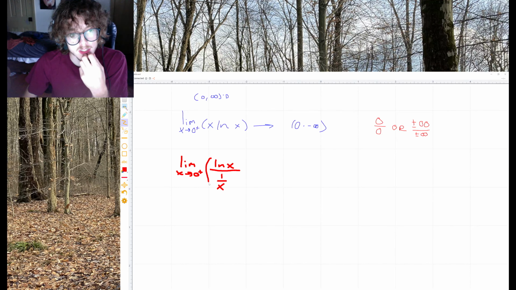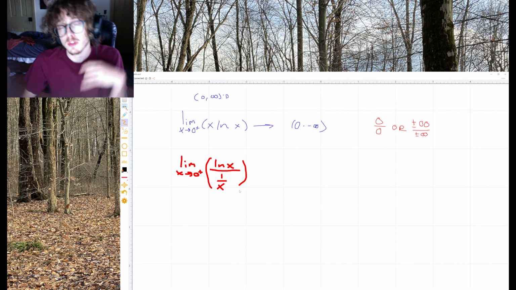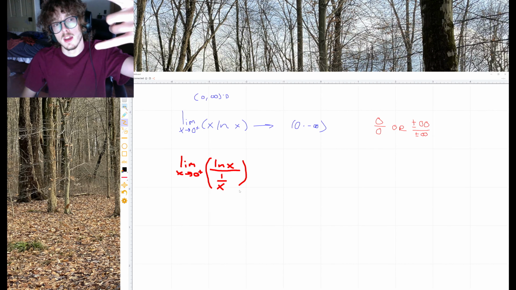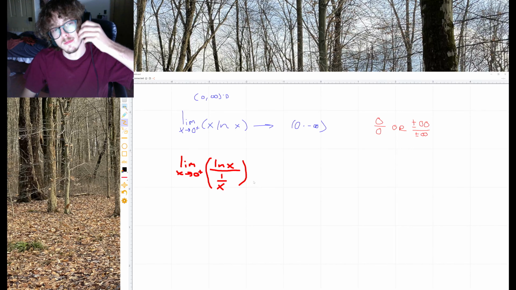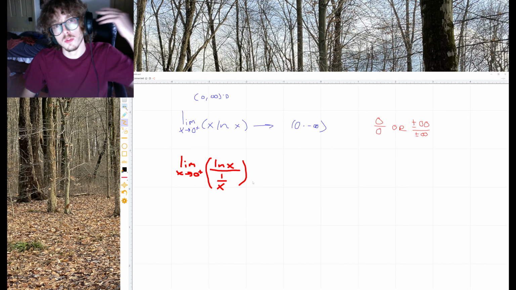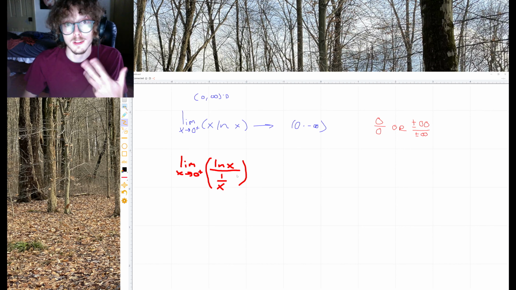Notice that this is the same. Be very careful here. You need to understand that this is saying the exact same thing, right? If we brought it up to the numerator and reciprocated it, it would be the same. So remember that these rules that we learned from algebra still apply here, even though we're in calculus.